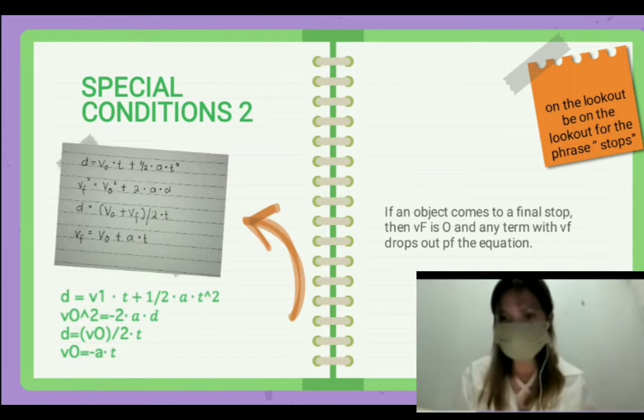You just need to be aware that depending upon the conditions of the problems for which you're using the equations, the form could be different than what is shown in my original four kinematic equations.